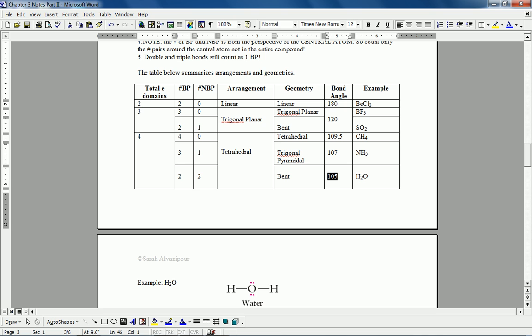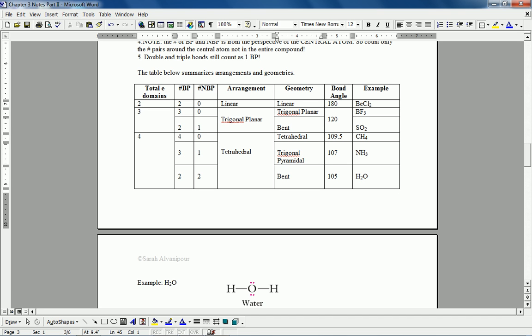So again, it's very important to make sure that you're counting both the bonding and non-bonding domains. Recall the multiple bonds are still 1 domain. Just for the central atom, look up the total number of domains, determine the arrangement, then within the arrangement, the specific one gives the geometry. And again, some bond angles will follow.